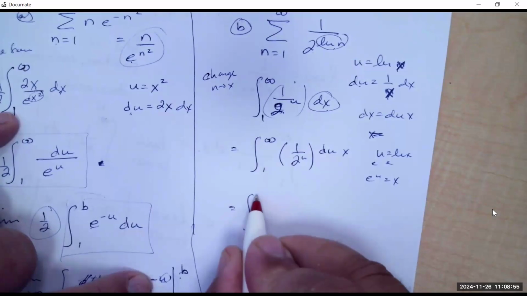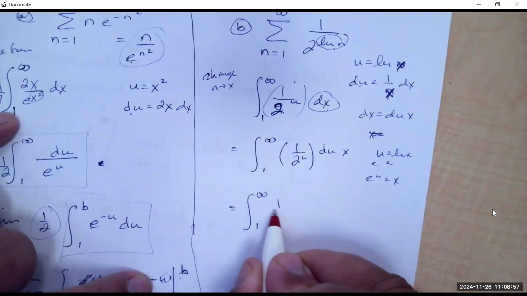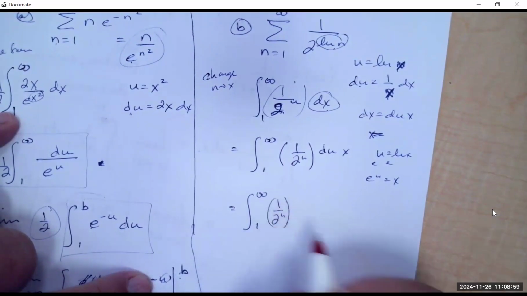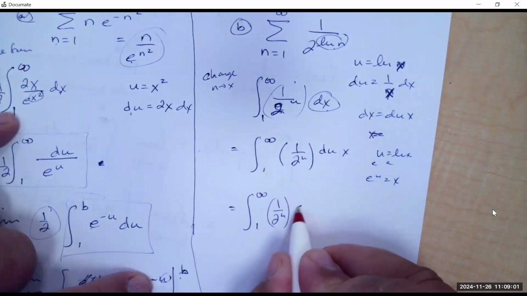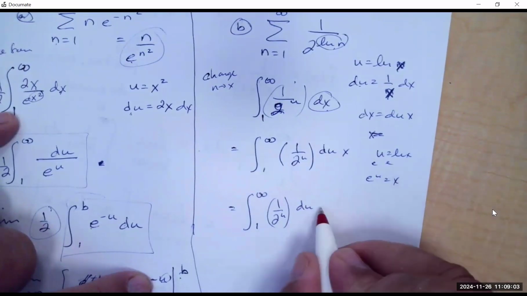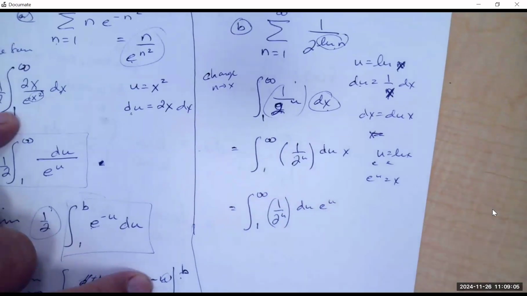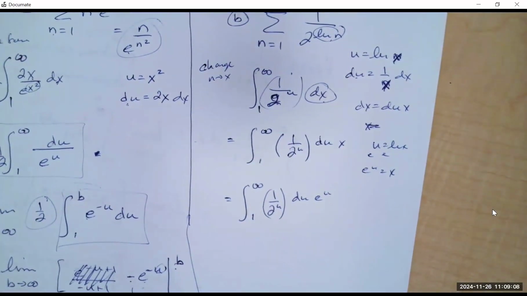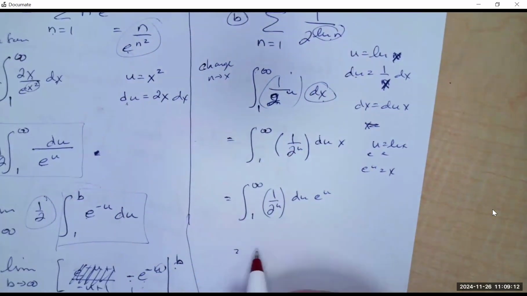So that gives us the integral from 1 to infinity of 1 over 2 to the u, du times e^u. So we'll just set that up as e^u du over 2 to the power u.